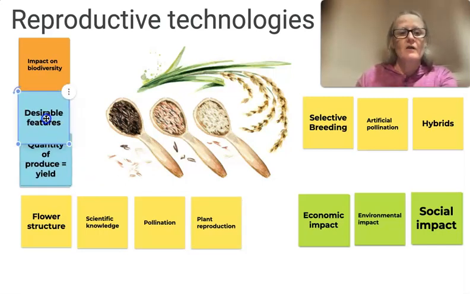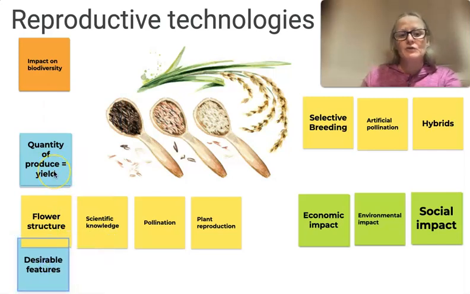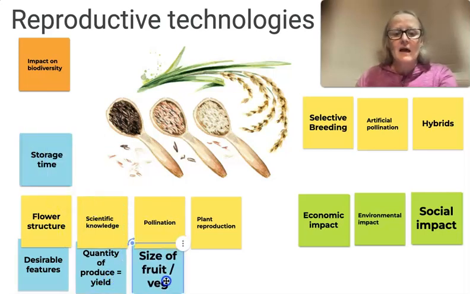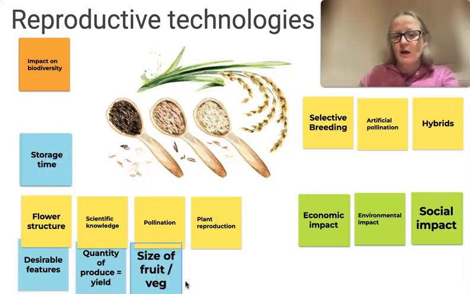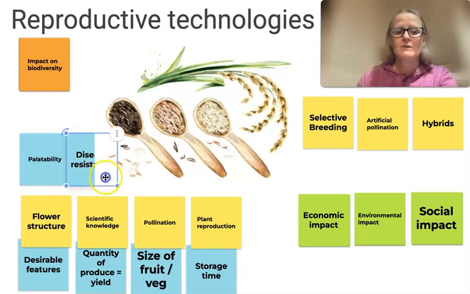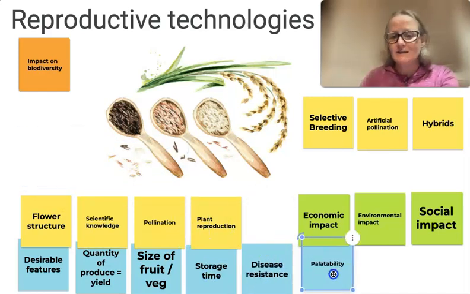So the sorts of desirable features they had were that they produced a high quantity of rice, and the actual size of the grains improved. The storage time of the rice was better. There were disease-resistant varieties, and they were tastier.